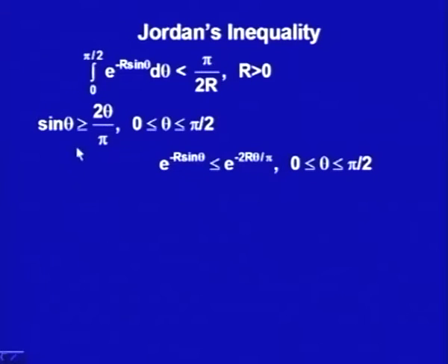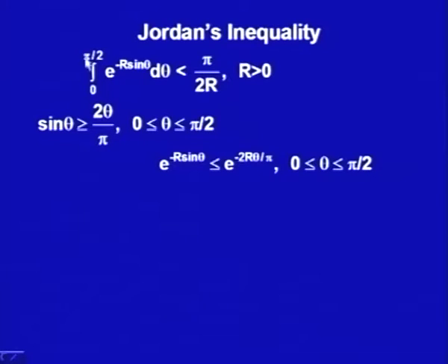Since sin theta is greater than 2 theta upon pi, r sin theta would be greater than 2r theta upon pi, and that would be in the denominator. So, what we actually get is e to the power minus r sin theta is less than or equal to e to the power minus 2r theta upon pi in the range 0 to pi by 2.